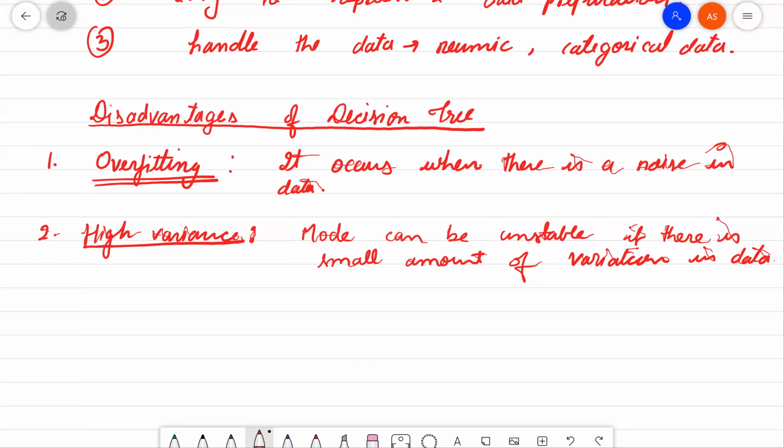Next disadvantage is low bias. We call this the low bias tree when we have a highly complicated decision tree, and if new data arrives, then it will be difficult to model the data in our existing decision tree.